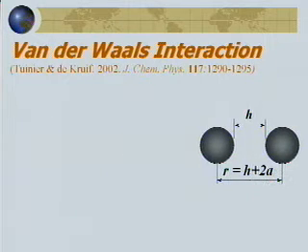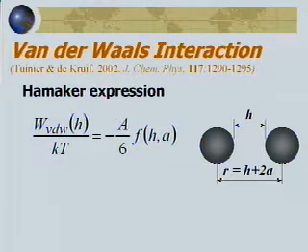So if we say we have two particles separated by a distance h, you can calculate van der Waals interactions as a function of the Hamaker constant times some more complex expression of a function of h and a. You can actually find this expression in the class notes. So if we know the Hamaker constant for our system, we can predict what the van der Waals interaction is as a function of separation.